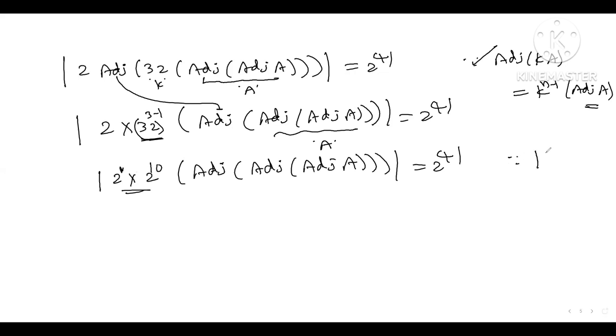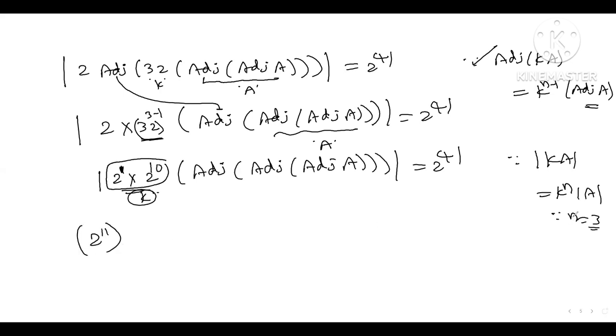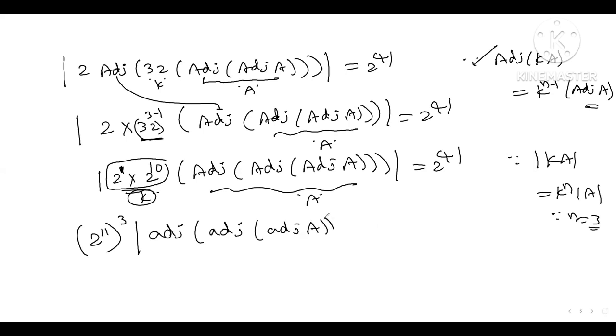According to the formula, det of KA is equal to K to the power n into det A. Here n is 3, the order of the matrix, and K value here is 2 power 11. So the formula is K to the power n, 2 to the power 11 whole cube. Total matrix is A: det of adjoint of adjoint of adjoint of A is equal to 2 power 41.